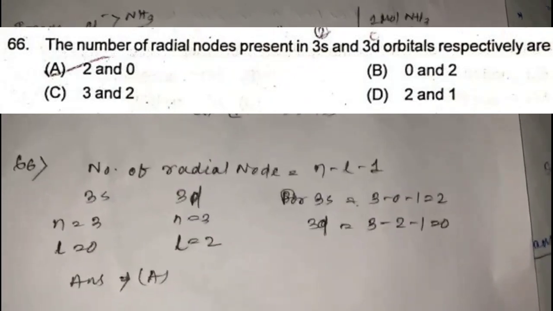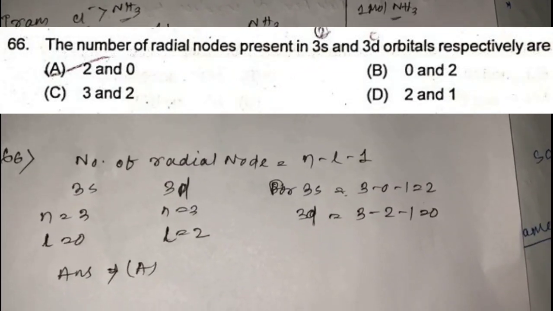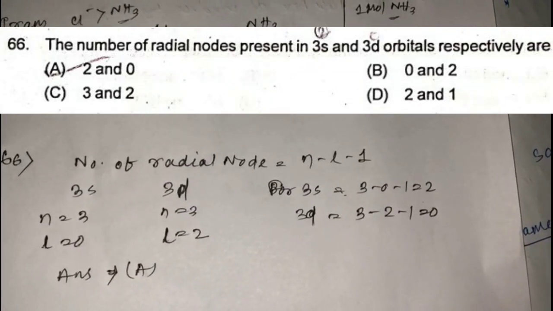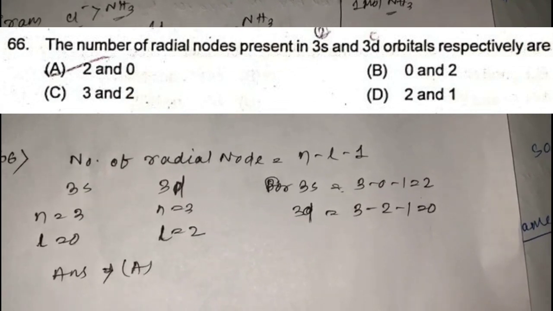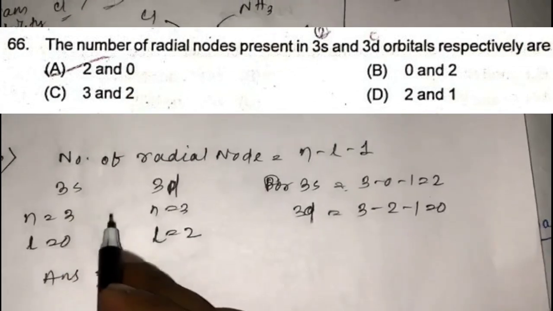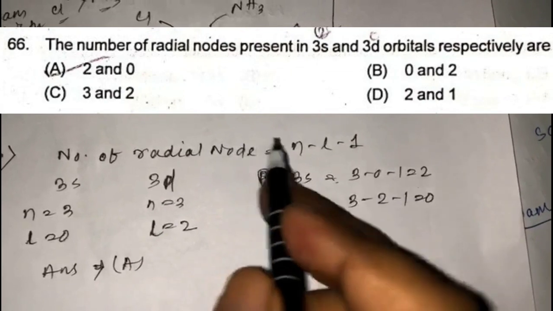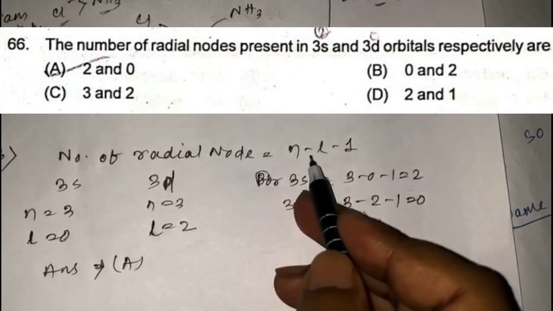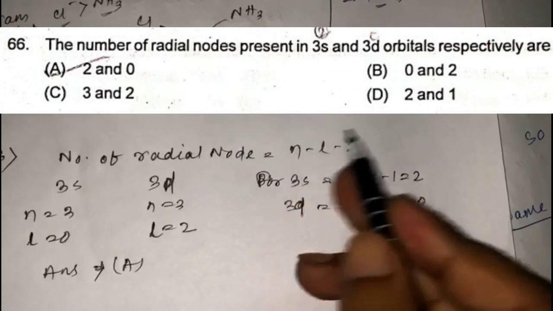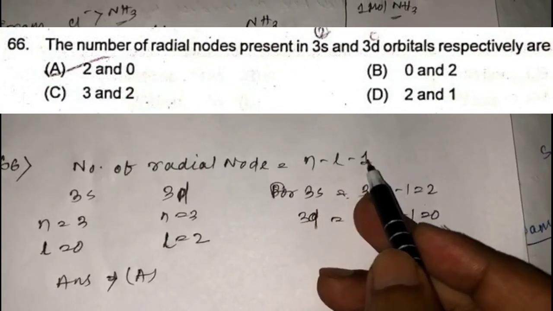Question number 66. The number of radial nodes present in 3s and 3d orbitals respectively are. The formula for number of radial nodes is n minus l minus 1, where n is your principal quantum number, l is your azimuthal quantum number.